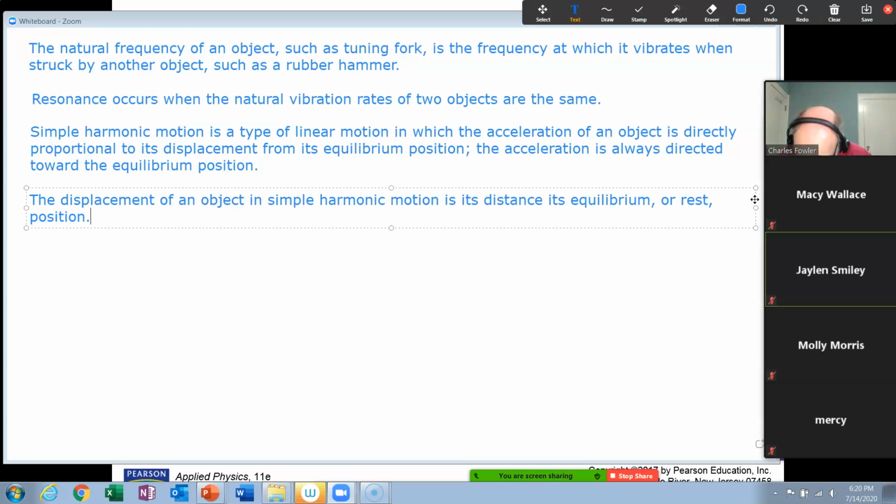Now, the amplitude, and again, these are very familiar sounding words, same words we used before, of the vibration is the maximum displacement.